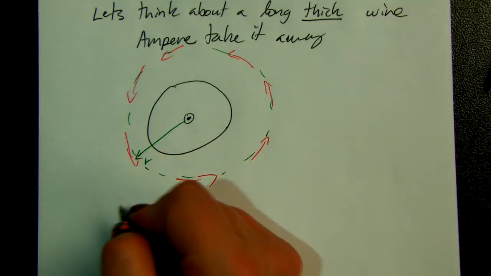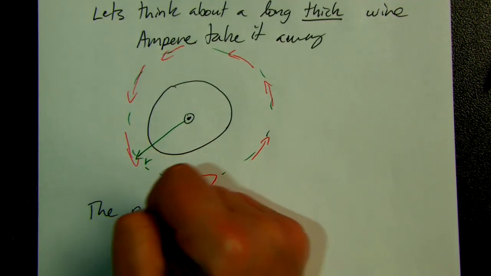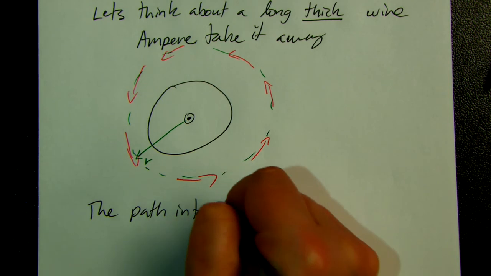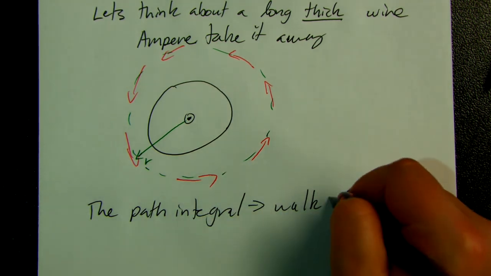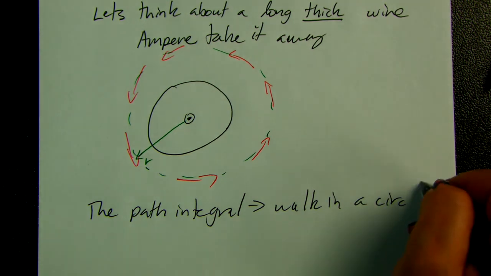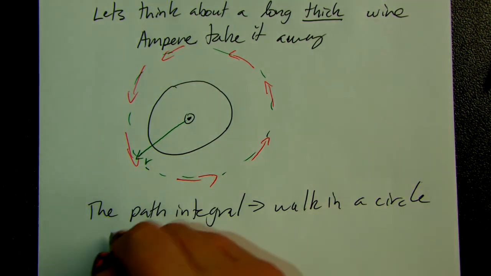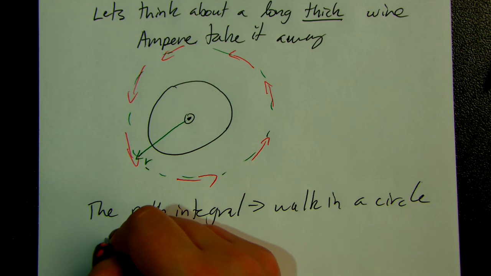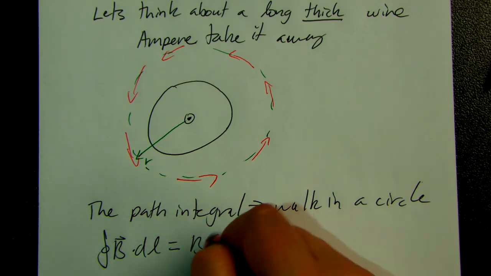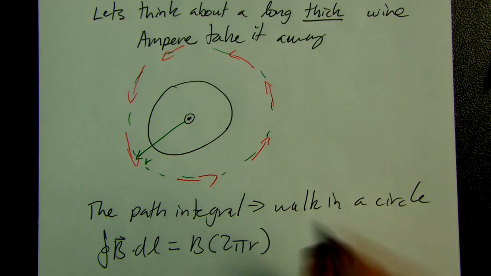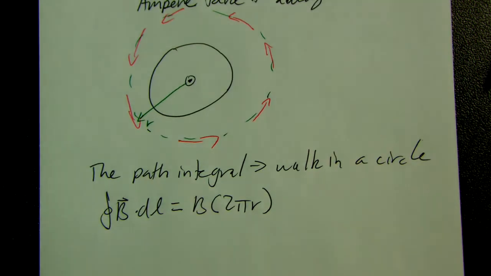So the path integral, we're going to walk in a circle. And so you're going to have B dot dl is just B 2 pi r, because you're just going in a circle. So really, we haven't done any calculus. We are just doing geometry and algebra.